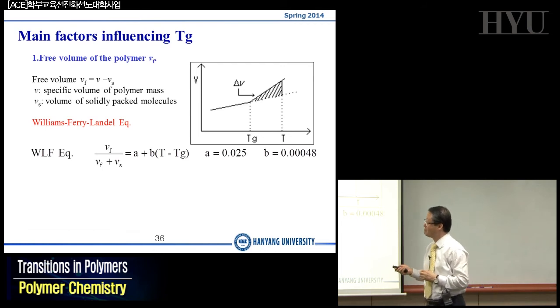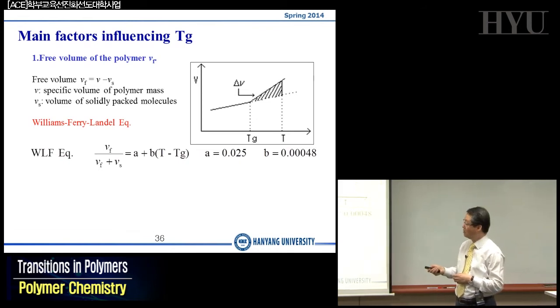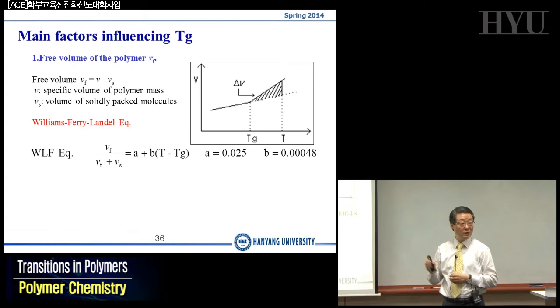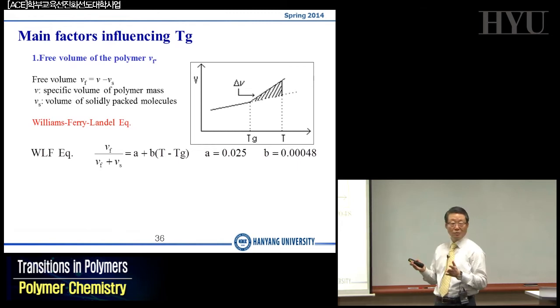There are very well-known scientists, Williams, Ferry, and Landel, who described this type of phenomenon as free volume. Free volume VF is defined as the specific volume of the polymer mass V minus the volume of the solidly packed molecules Vs. In other words, V is the volume right in here at a given temperature, and Vs might be the one expected from this glass line.